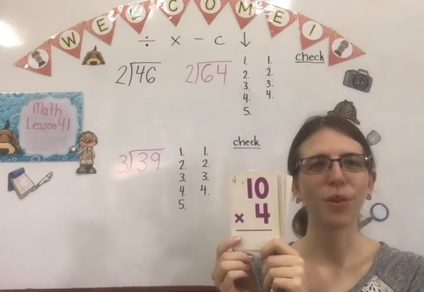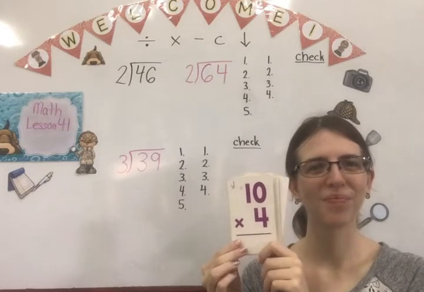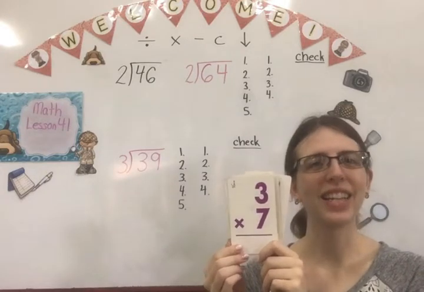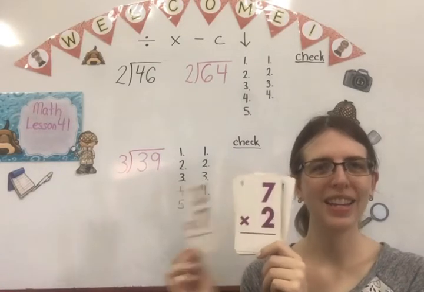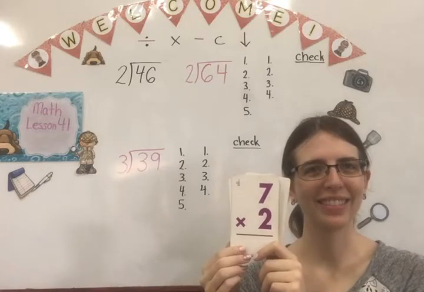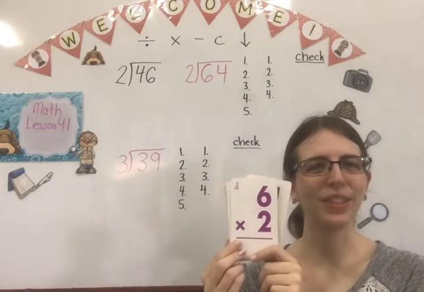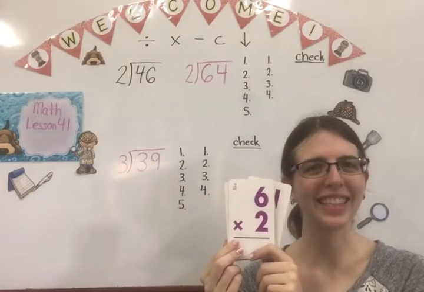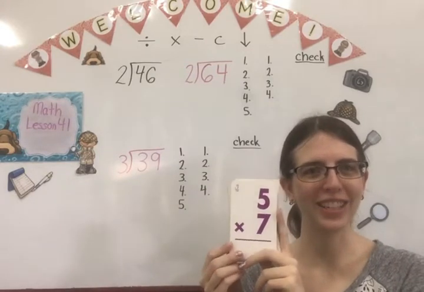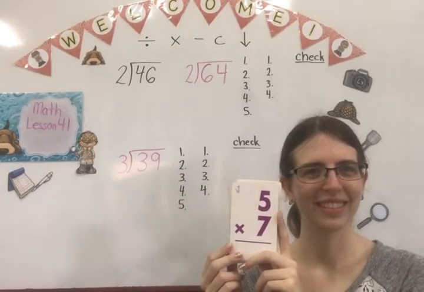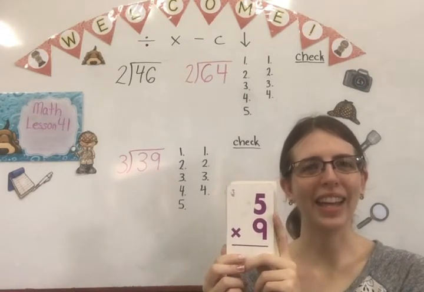4 times 10 is what? Let's see, Andrea. 40. 3 times 7 is what, Ivana? 21. 7 times 2 is what, Hade? 14. 6 times 2, let's see, Josephine. 12. 5 times 7, George? 35. 5 times 9.